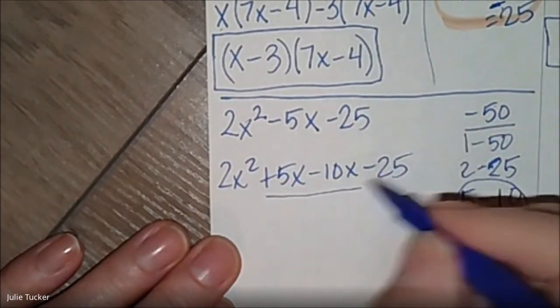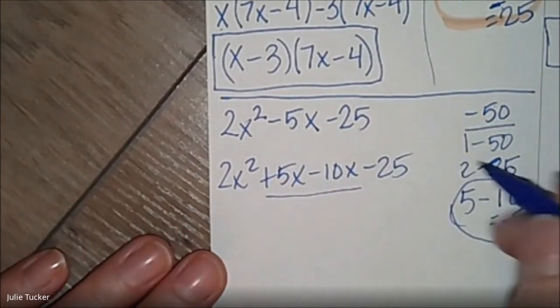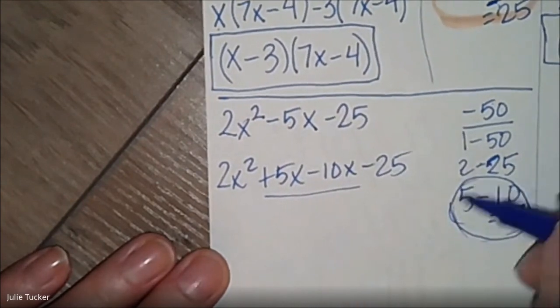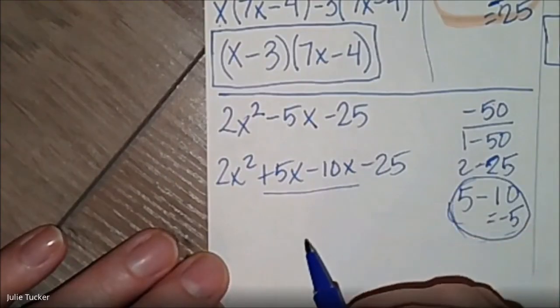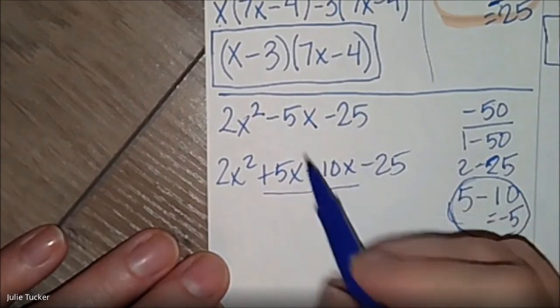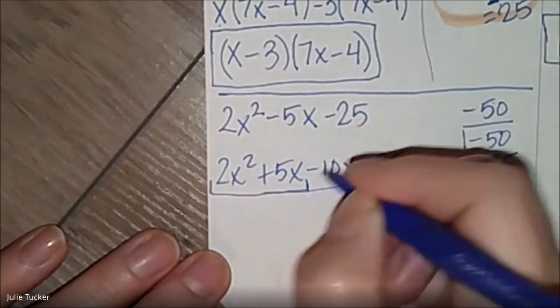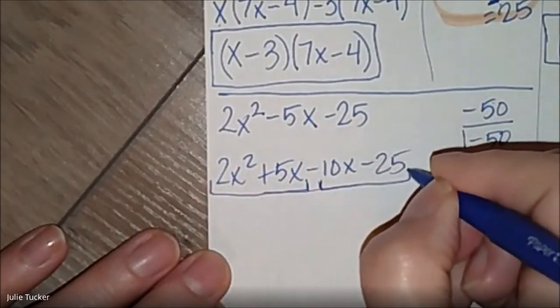So this part here in the middle was replacing the negative 5x, and it was splitting it up using the numbers we found. No, I'm not going to combine like terms. If I combine like terms, that's going to give me this up here. I split it up on purpose because I'm going to do grouping.